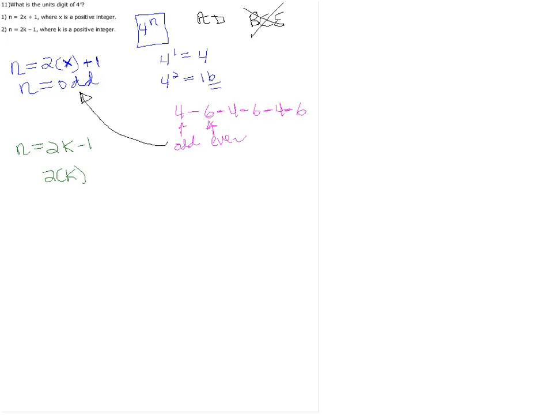And if you subtract 1 from an even integer, you'll be sure you have an odd integer, regardless of the value of k. Okay, so again, all this is telling us is that n is an odd integer. Okay, and if n is an odd integer, going back to our pattern, we know the unit digit must be a 4.